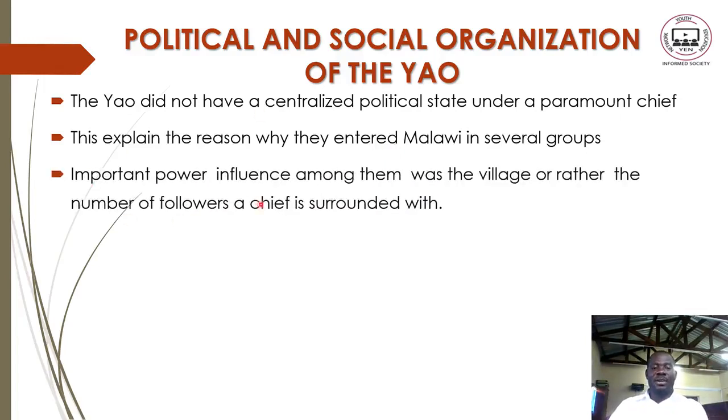So important power influence among them was the village, or rather the number of followers a chief is surrounded with. So what we're talking about here is that when someone is surrounded by a number of subjects or followers, a number of people who were with him, then that man had more influence.